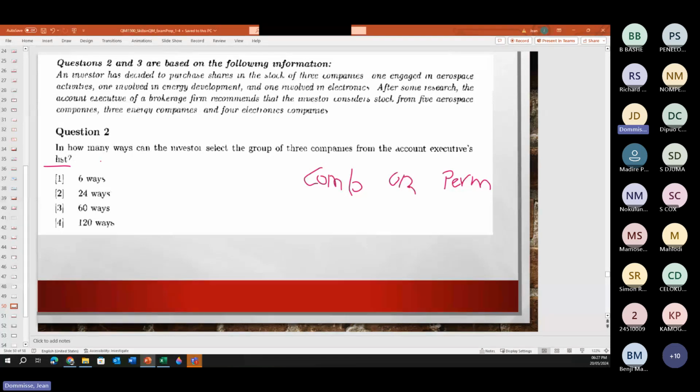Okay, so I've got combination. Perfect. So order does not matter, so we are working with combinations.